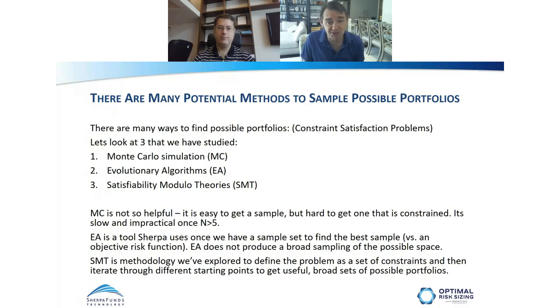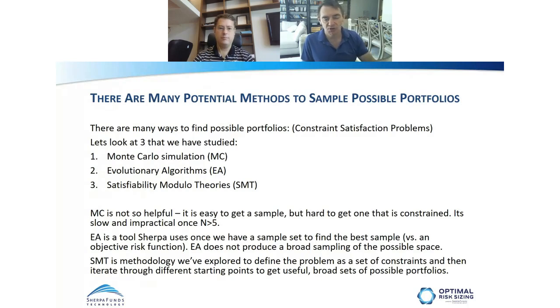Well, there are actually lots of ways. They're generally called constraint satisfaction problems. And we don't really want to get into the massive detail because that's not much fun for any webinar participant. But just to give you a broad overview, you can do Monte Carlo, so throw random darts at the dartboard and see what sticks.